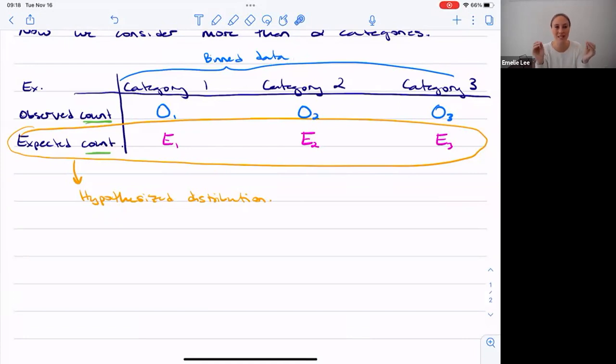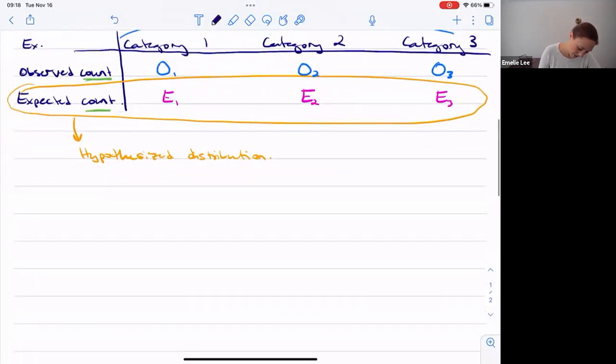So we can use this Z in different scenarios, and same thing with the chi-squared, and that can be confusing, right? But as soon as you have more than 2 categories, or more than 2 proportions that you want to compare to some hypothesized value, then you're going to be using a chi-squared.